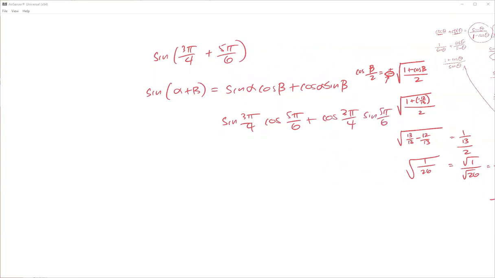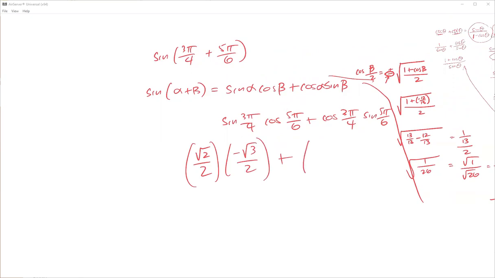Man, this has a big delay, right? All right, so now what's the sine of 3 pi over 4? That is radical 2 over 2. Cosine 5 pi over 6 is the x value, so it'd be negative radical 3 over 2, plus cosine 3 pi over 4, the x value, would be negative radical 2 over 2, right?